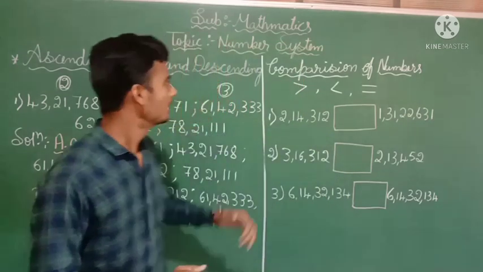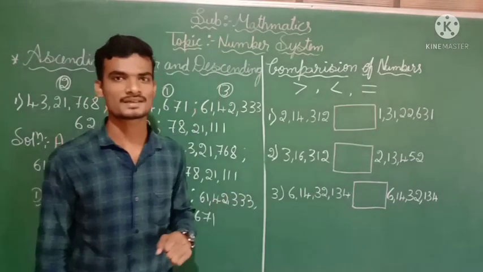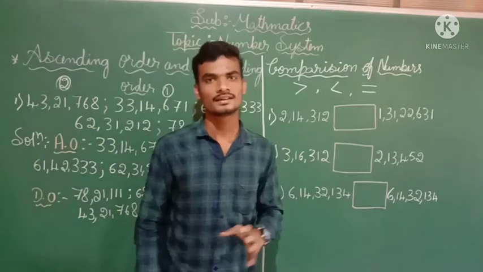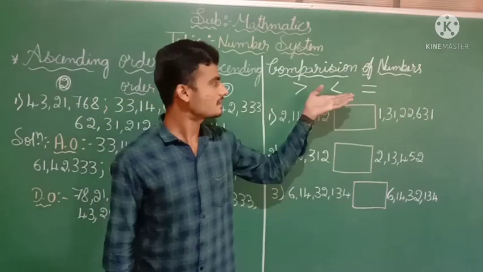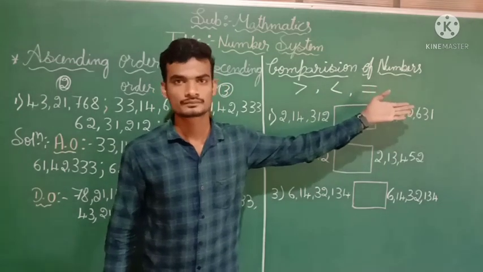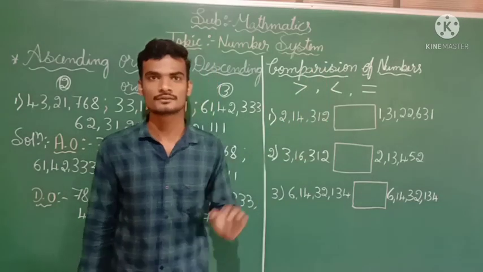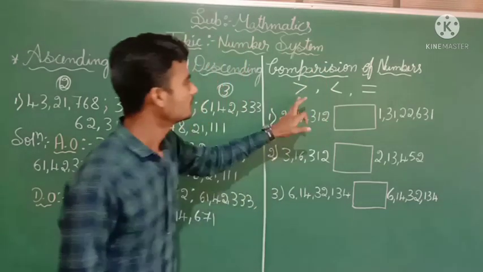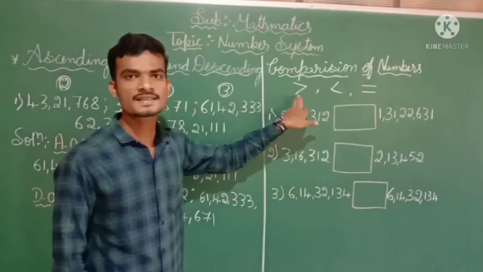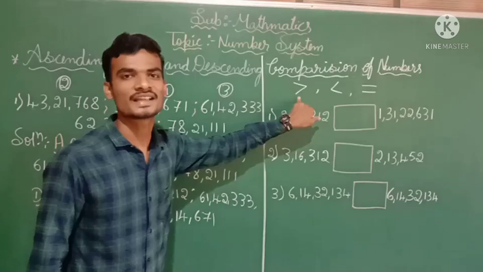Next we will see comparison of numbers. How to compare numbers? You have already studied the greater than symbol, the lesser than symbol, and equal to. About these symbols you know very well. Once again I will revise. What does this symbol indicate? This symbol indicates greater than.